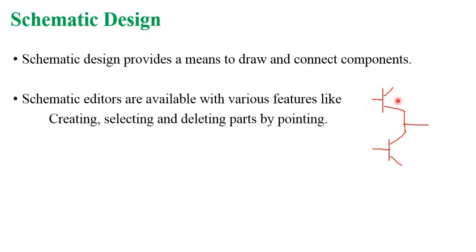If a particular component is needed, I can create it in the schematic design, or if already created components are present, we can select them. Whenever I need a particular circuit, I select this component. If it is not a needed component, I can point to the component and delete it.